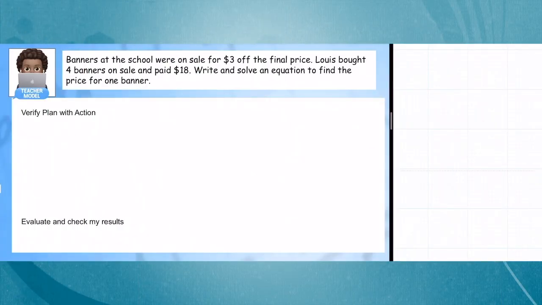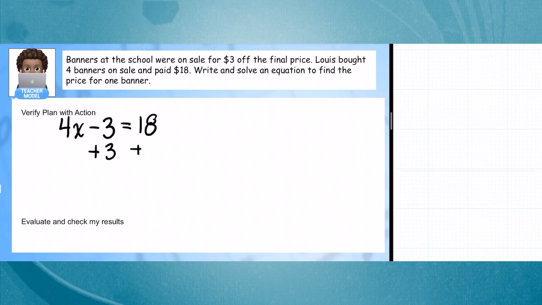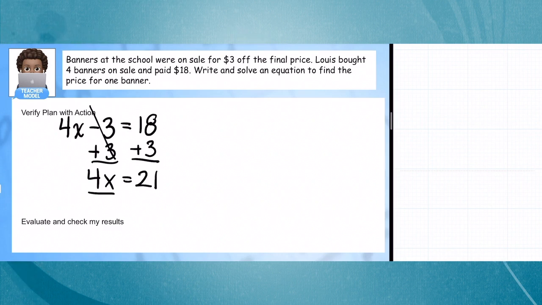Okay, let's start with the expression we know, the 4 banners, 4x, and we know that he got $3 off, minus 3 was $18. So let's solve this equation now. We know we're going to add 3 to both sides. So 4x is equal to 21, and we're going to divide both sides by 4.